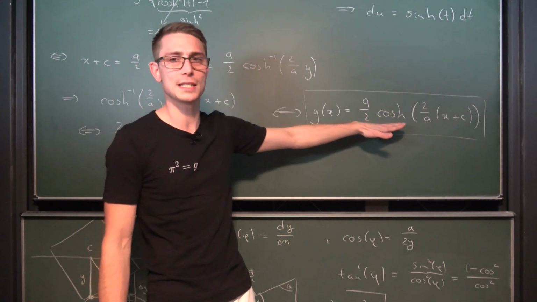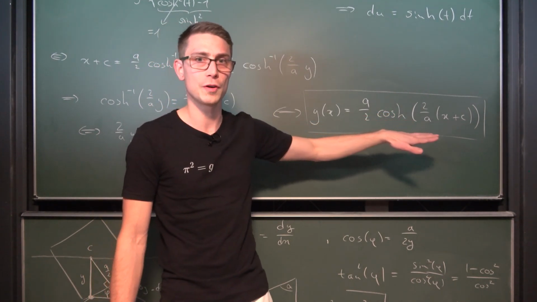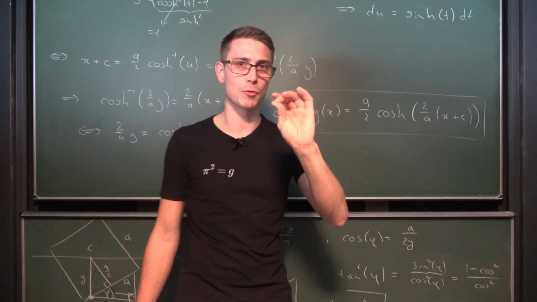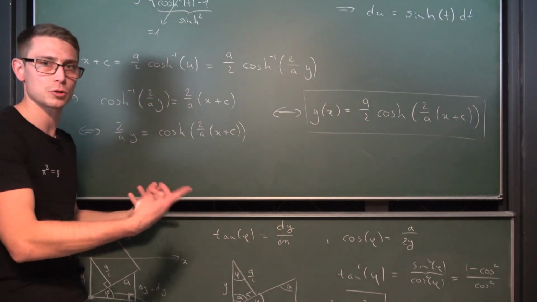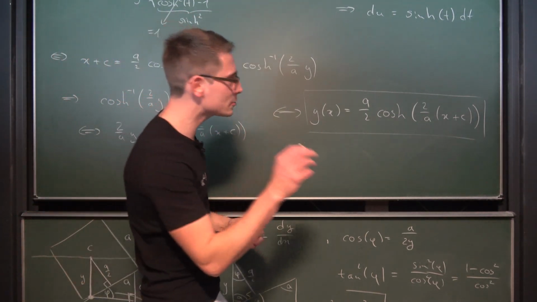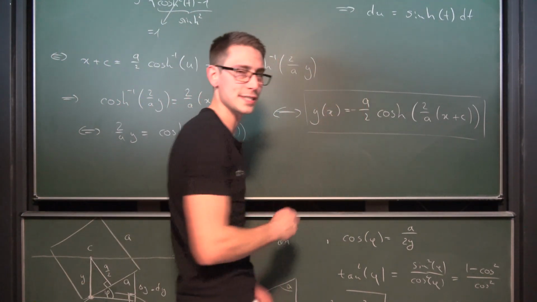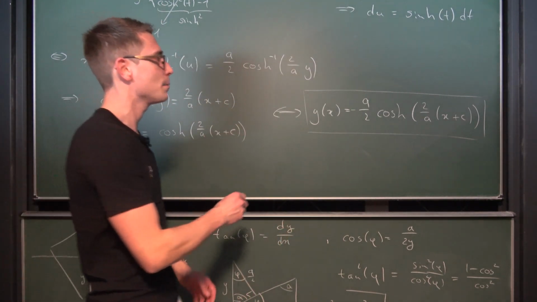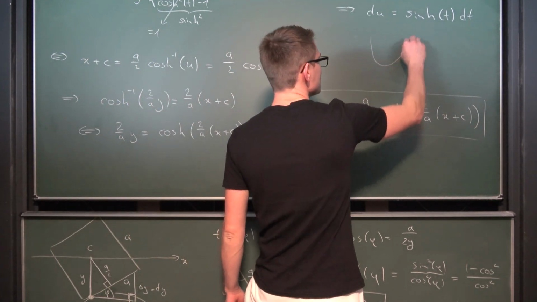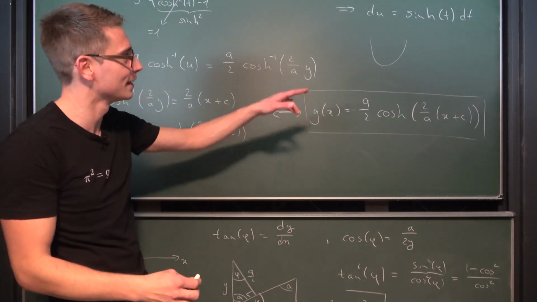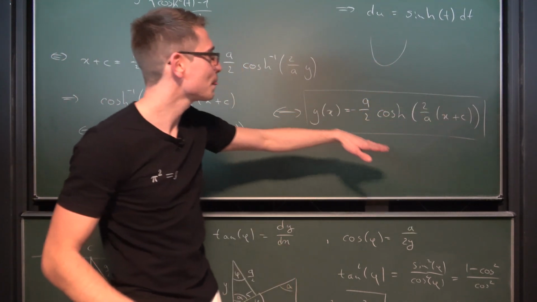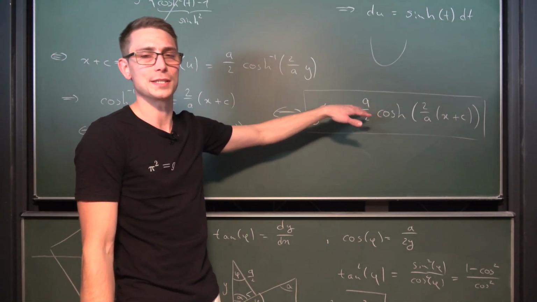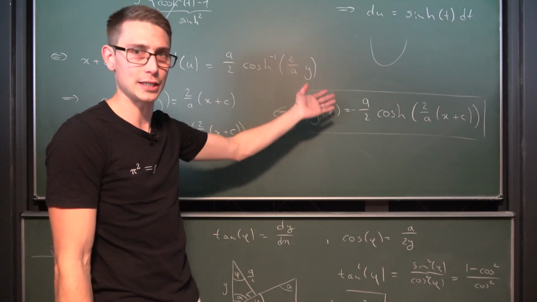But overall, this right here is a so-called catenary curve. And we need to add something for it to actually be the path that our square rolls over. We just need to add a sneaky little negative sign. That's the physical argumentation here, because otherwise our road would look like this and you would need to ride on it upside down. The solution to our problem is the so-called inverse catenary curve.